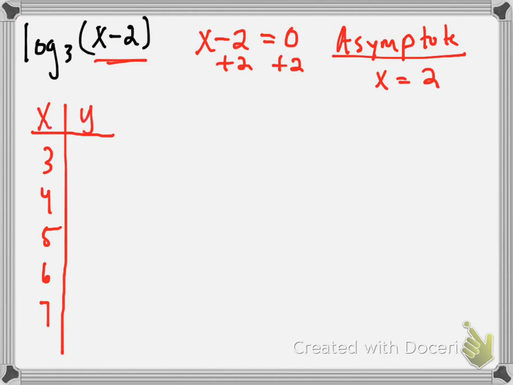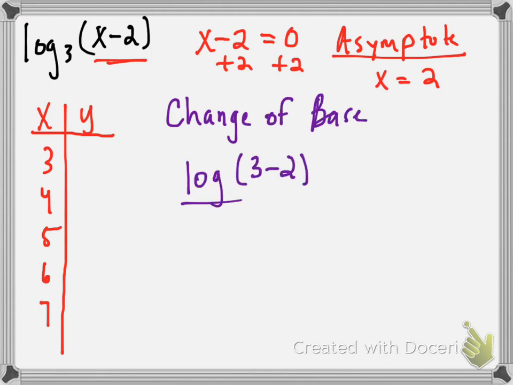Now we've got to go back and evaluate those x's by plugging them into our equation and then using the change of base formula. Remember, your change of base formula says you're going to have the log of whatever's being evaluated. In this case, the x is 3, so we plug in 3 minus 2. And remember, the log base always goes on bottom. They both start with b, just a way to remember that. The base goes on bottom.